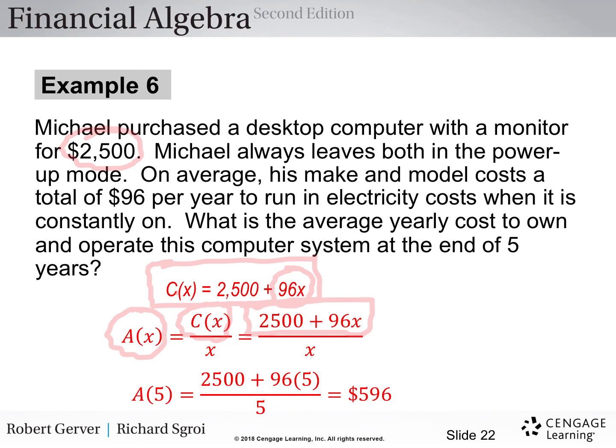Divide that by 5, which is the number of years, and the average yearly cost to own and operate the computer at the end of 5 years is $596. That's taking into account the initial cost of the computer plus the cost of the electricity each year.